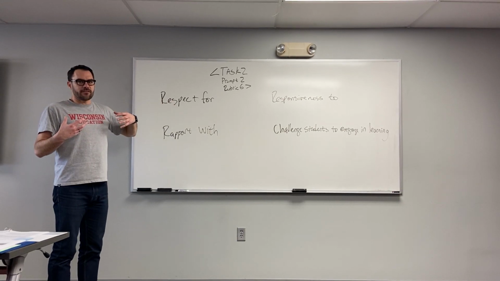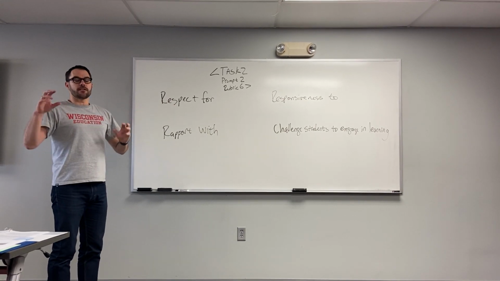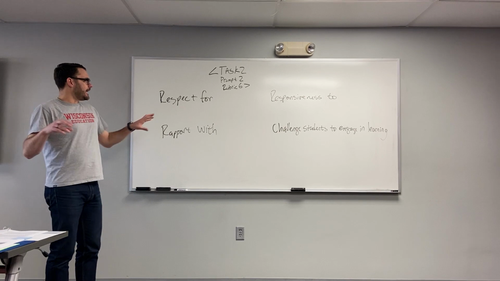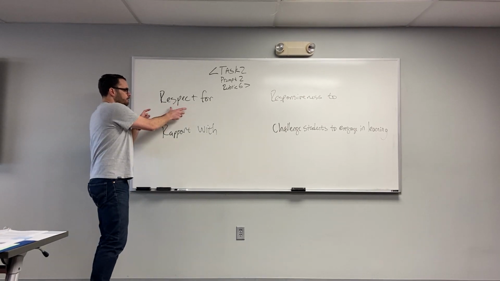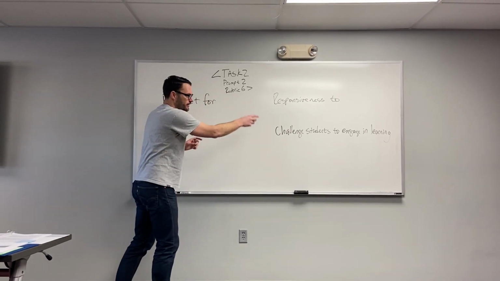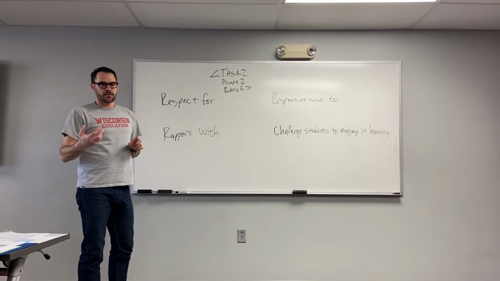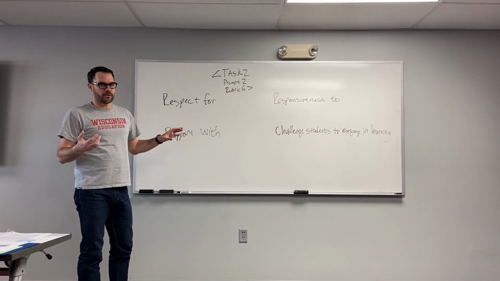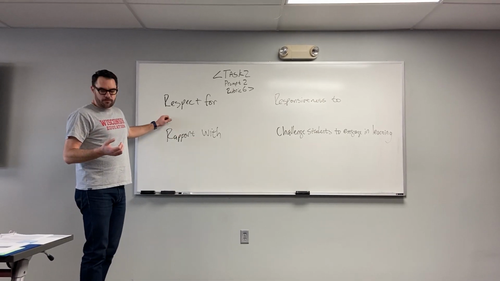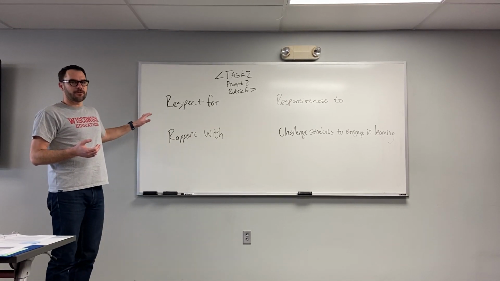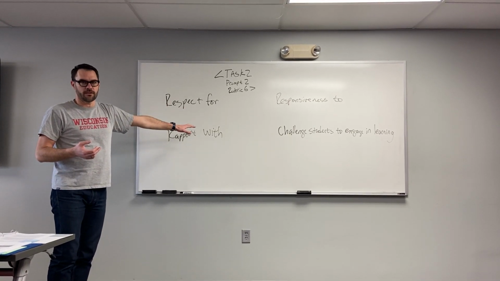These are the key elements for you to consider as you're working through this prompt. As you're framing your answer, I would suggest taking a look at your videos and putting down the timestamps for the evidence that you would use to respond to the different parts of the question. The first piece is how you're demonstrating respect for students.